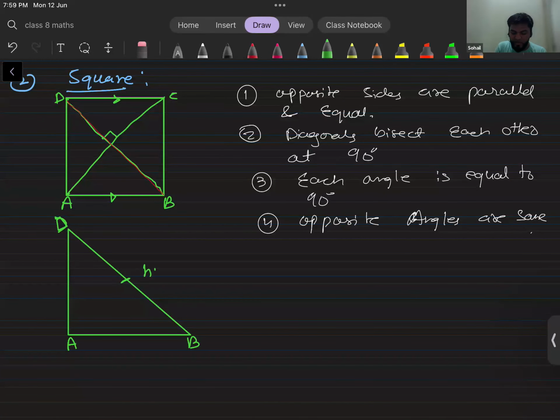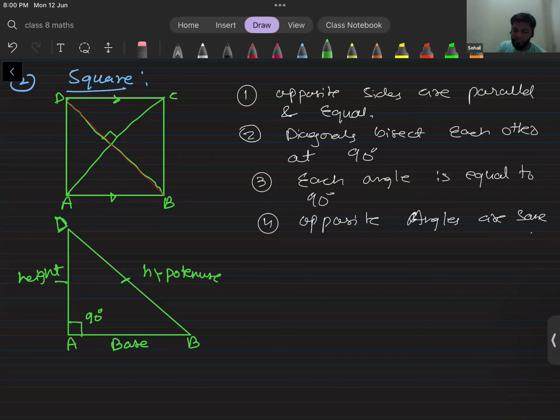That is also called the hypotenuse. And this is your base, and this is your height, right? So this is a right angle triangle because one of the angles is 90 degree. So here we see that the diagonal, which is the hypotenuse, is the longest side.